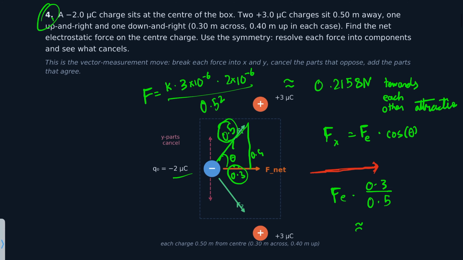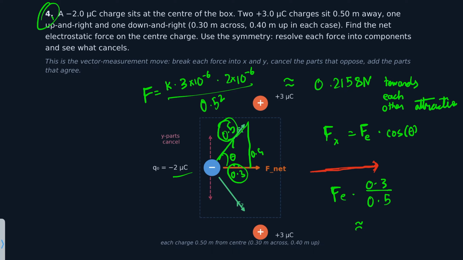So let me move up a bit so we can see. It's approximately 0.1295 newtons.